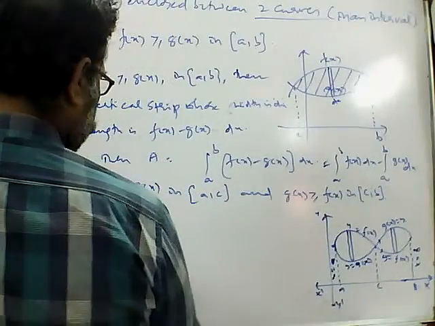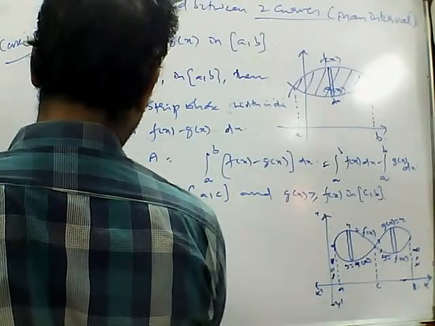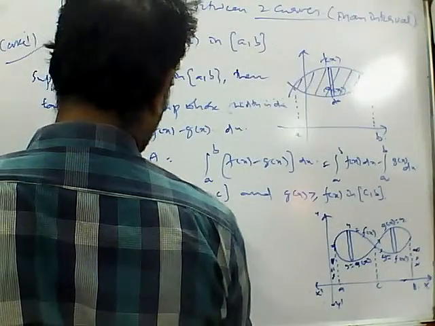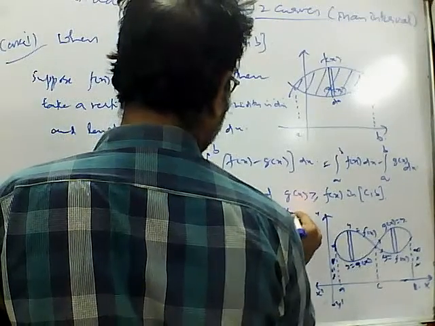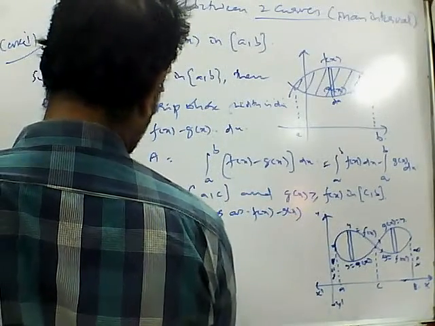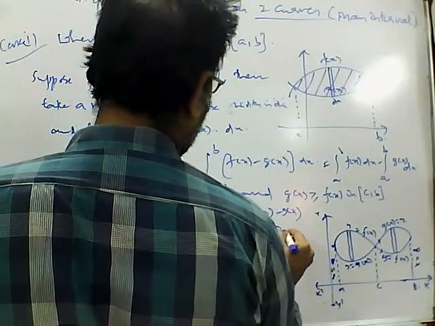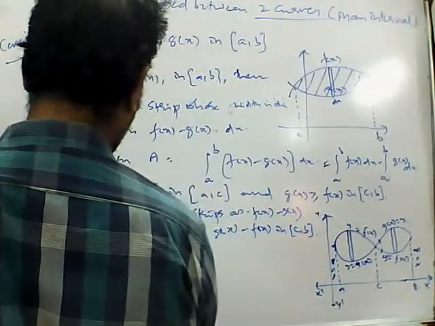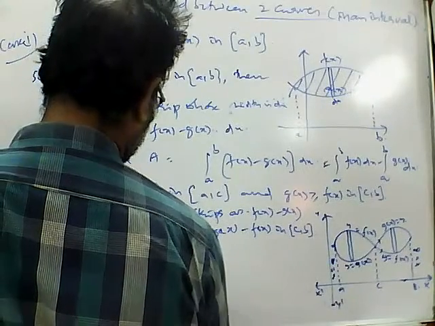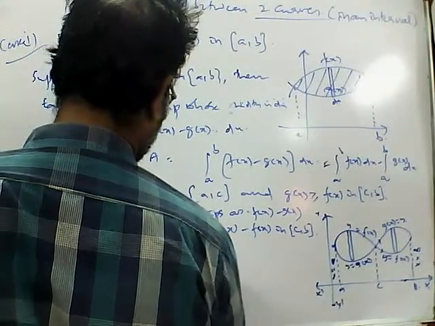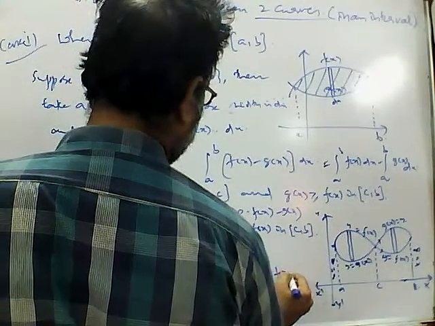Suppose f of x is greater than or equal to g of x in a comma b, therefore we take two vertical strips, f of x minus g of x in A to C and g of x minus f of x in C to B. Therefore, A is equal to A1 plus A2, which is equal to integral A to C f of x minus g of x dx plus integral C to B g of x minus f of x dx.